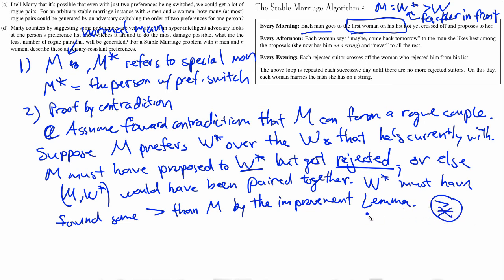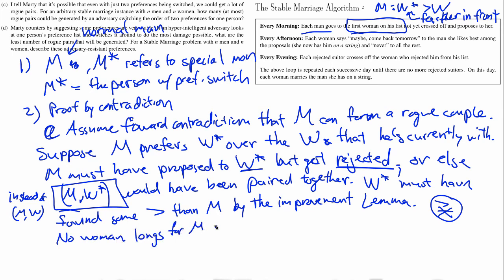But we already proved that W star did not stay with M, or else this pairing would have existed instead of W. So good. This means that no woman longs for M more than his current partner assigned by the algorithm.